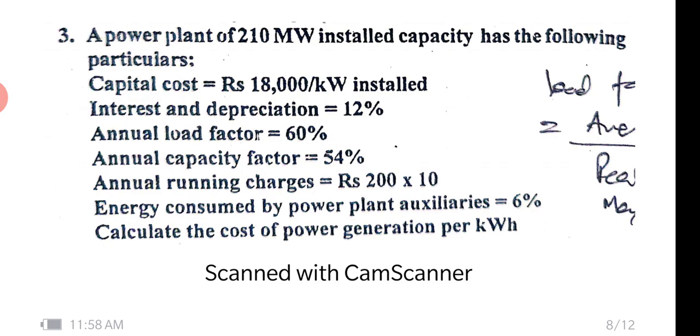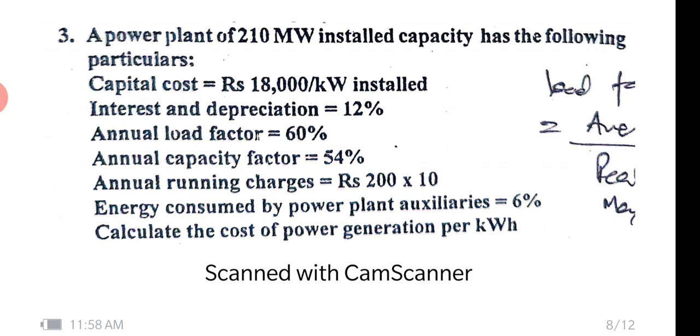So again I will read out the problem because you have to understand this is slightly different problem. Now the installed capacity is 210 megawatt. The capital cost is 18,000 rupees per kilowatt. Earlier the problem was given per megawatt, now it is given per kilowatt.